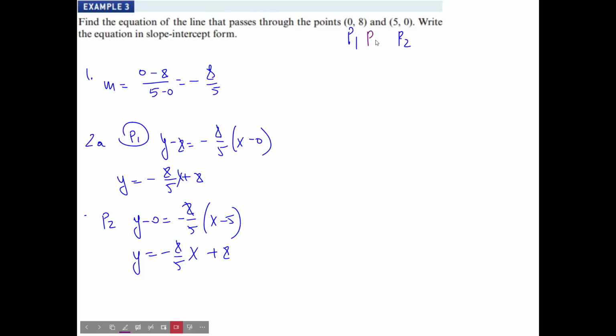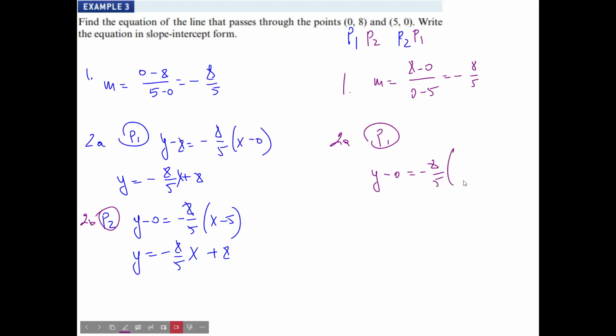Now take P2, P1. M is what? 8 minus 0 over 0 minus 5. Slope is the same. So that's 2b. So 2a, we take P1. So y minus 0 equals minus 8 over 5 (x minus 5). The same thing.